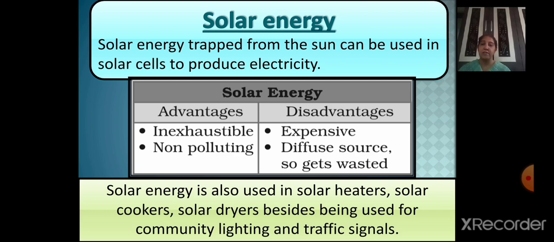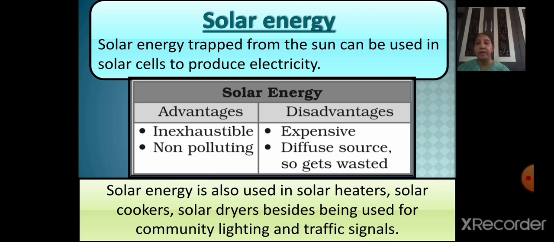In advantages, it is inexhaustible, right? Since we are getting solar energy from the sun, we can say that it is inexhaustible, and it is also non-polluting. Now let's see the disadvantages. It is very expensive to have the solar panels. The cost is too much. And it is a diffuse source.